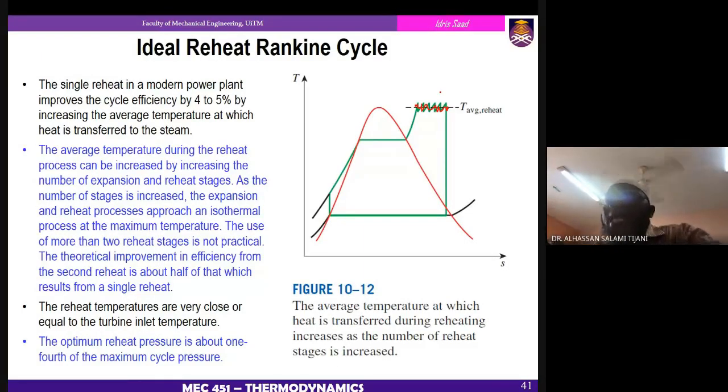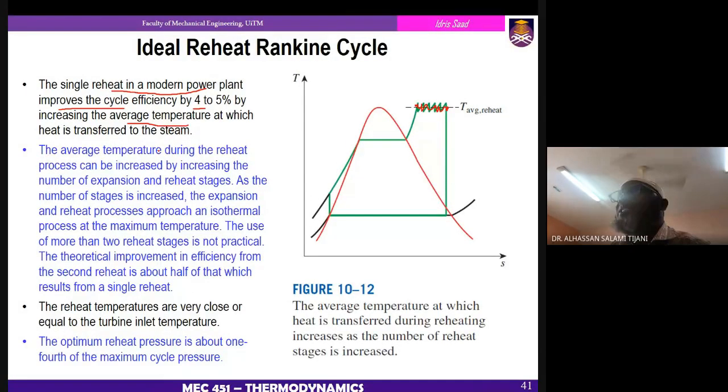Extremely high temperature is not desirable for the running of the turbine. Okay? So we say the single reheat in a modern power plant improves the cycle efficiency by only 4 to 5%. That is by increasing the average temperature at which heat is transferred to the steam.